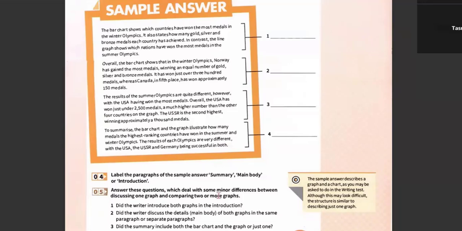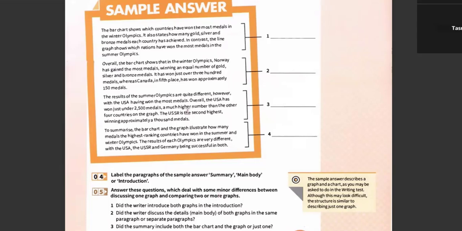Here on the side, there is a small note that says the sample answer describes a graph and a chart as you may be asked to do in the writing test. Although this may look difficult, the structure is similar to describing just one graph.